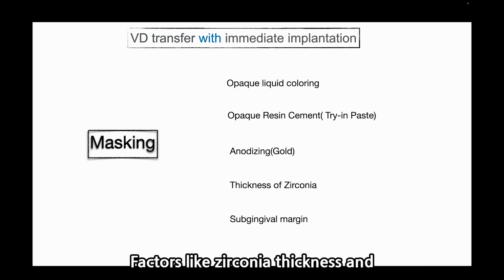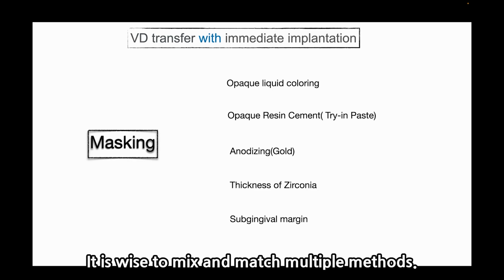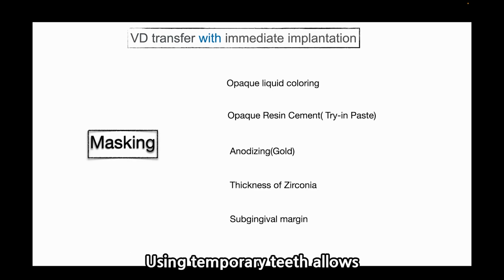Factors like zirconia thickness and margin locations should be considered. It is wise to mix and match multiple methods. Using temporaries allows predicting and simulating these aspects despite different material properties.